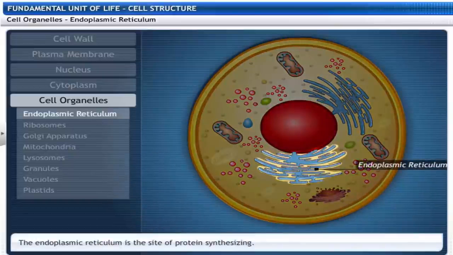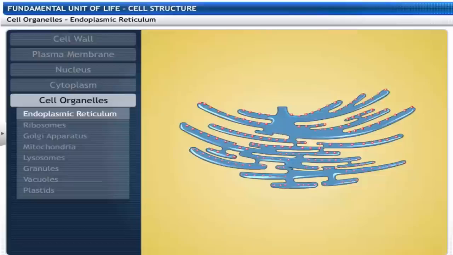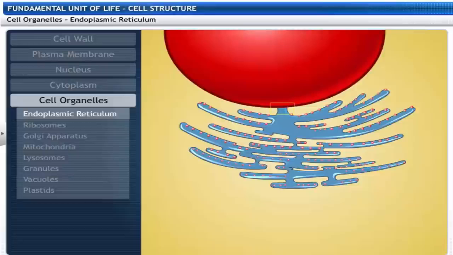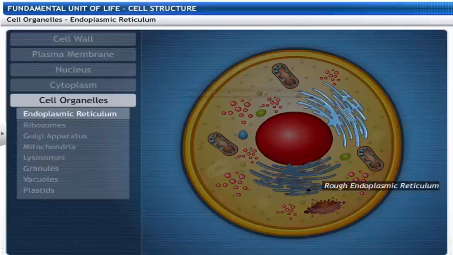This is the protein synthesizing site of the cell, called the endoplasmic reticulum. It is an irregular network of double tubular membrane, continuous with the nuclear membrane on the inside. There are two types of endoplasmic reticulum: rough and smooth.